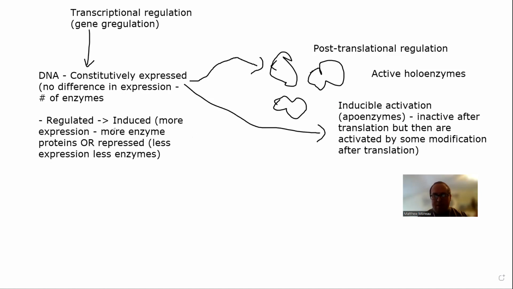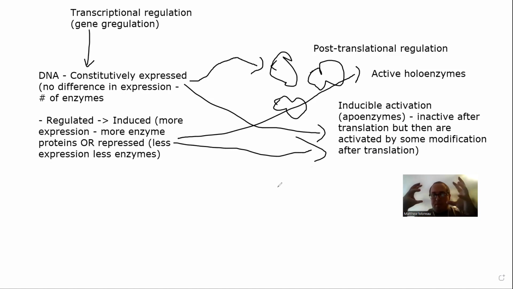Same thing where you can have regulation at the genetic level, but then once you express these from transcription and translation, these can exist either as active enzymes or they can be doubly regulated. They can be regulated at the DNA level to make RNA, make protein, and the protein that comes out is an apoenzyme that then needs to wait for some modification to be active. I know this is a little confusing, but I want to lay this out for a quick minute so you can see that there are two separate kinds of regulation, and they are, case by case, independent of one another.